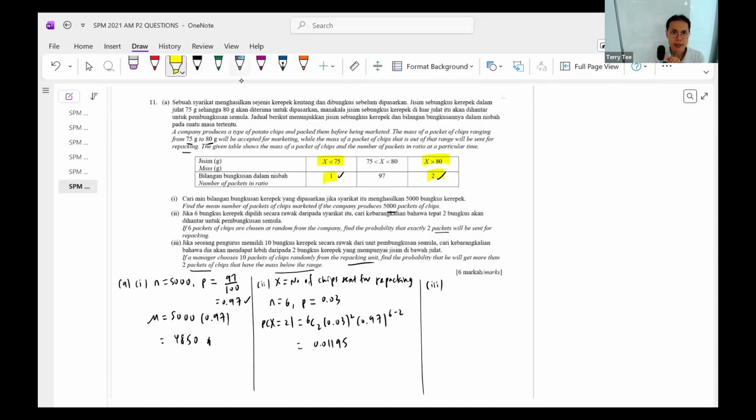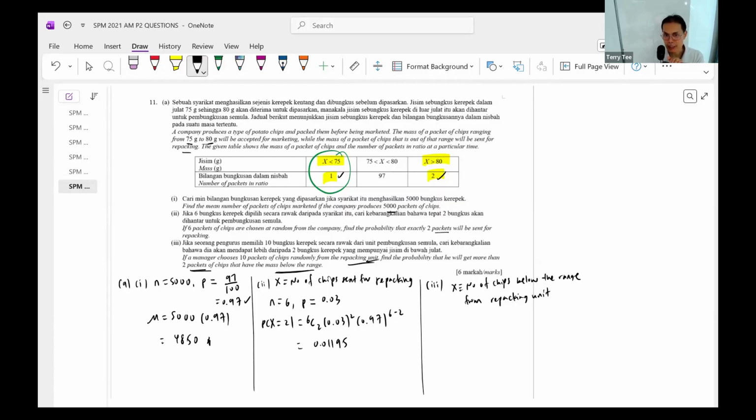This part, right? So the question says, find the probability he will get more than two packets that have mass below the range. Which one is below the range? This one. So here's the thing. What is X now? Number of chips below the range from, maybe we call it, the repacking unit.